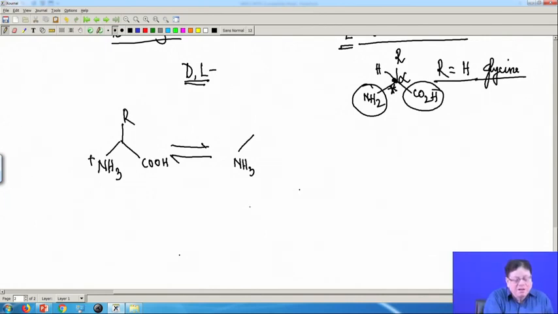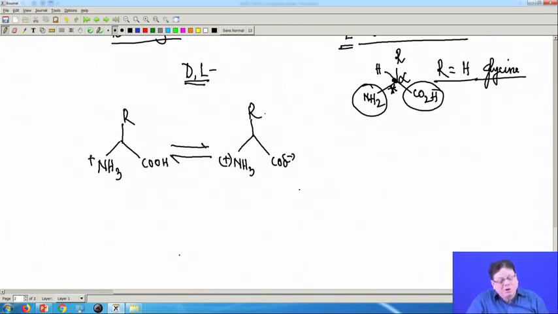One of these will come out first, and obviously the CO2H has a lower pKa value. So that will be abstracted by the base and will be present as CO2 minus, and this will be the structure of the amino acid.